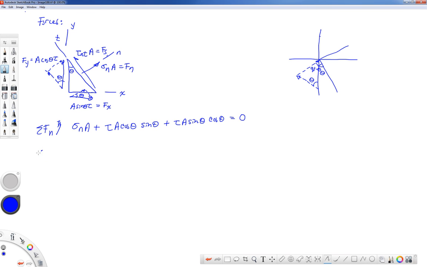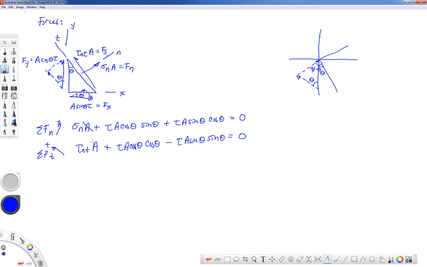If we do the summation of forces in the T direction, we will have tau nt times A plus the force tau A cosine theta, and that is the cosine theta component. And then in the negative T direction, we'd have tau A sine theta and the sine theta component equal to 0 for equilibrium.